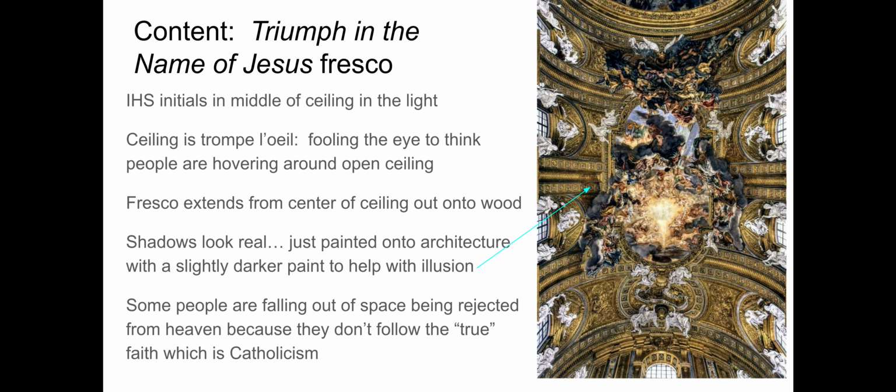And you see people gathered around, floating, hovering around this ceiling. Some are angels and people alike. And some of them are being allowed into heaven. And other people are falling out of this space because they're being rejected from heaven. And that's the message. So the message is, if you believe and you follow the so-called true faith, which is Catholicism, then you will be accepted and joined with Jesus into heaven.